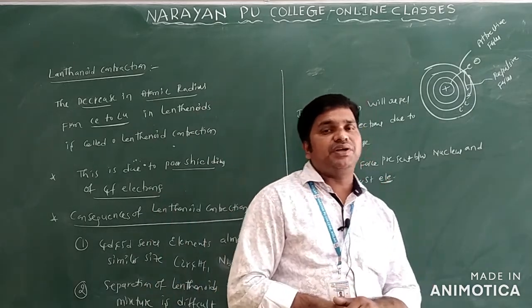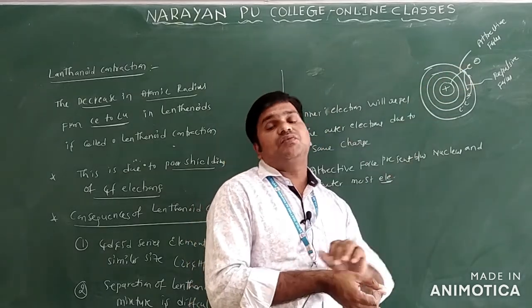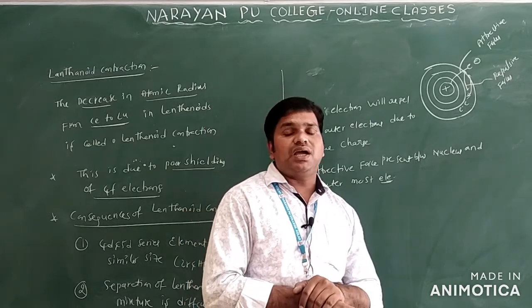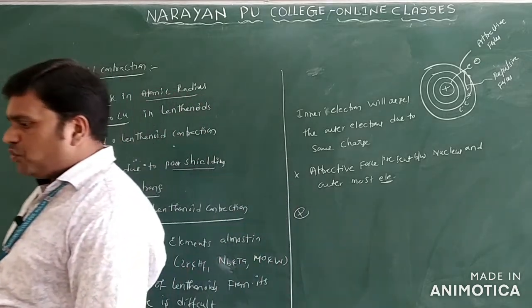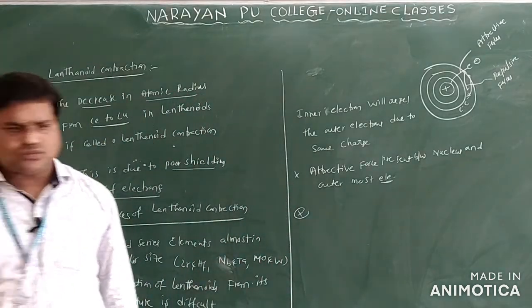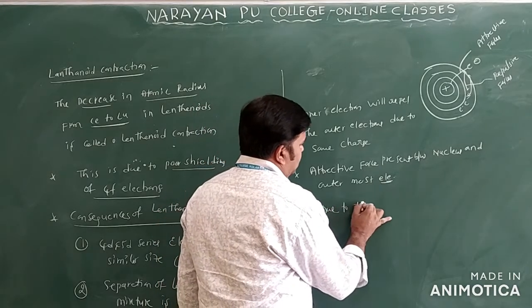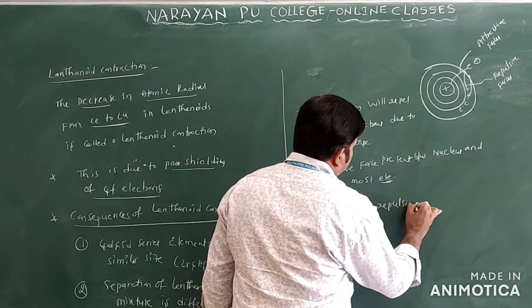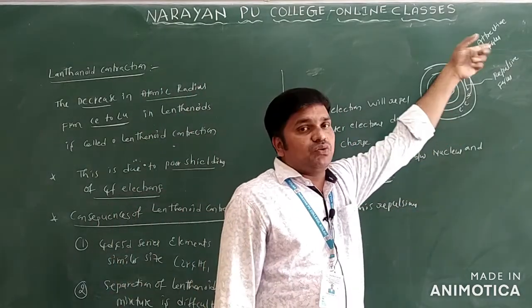What happens here? The attractive force on the outermost electron from the nucleus decreases due to the presence of inner electrons, that is, due to the repulsions between inner electrons and outer electrons.